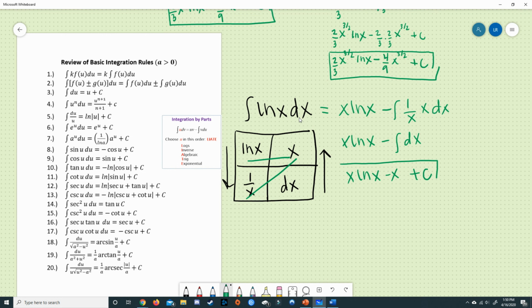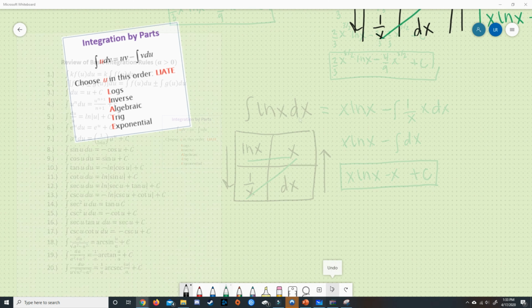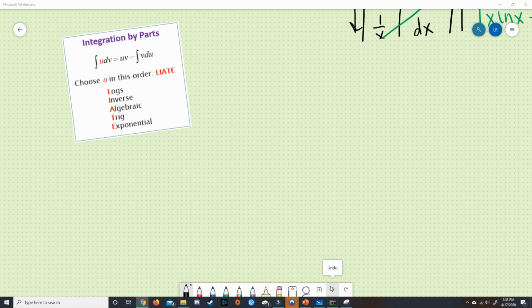So this is the integral of ln of x dx using integration by parts. Some integrals require repeated use of integration by parts. And so let's do an example of that right now. All right, so we're going to call this one example 3. And we want to find the integral of x squared times sine of x dx.